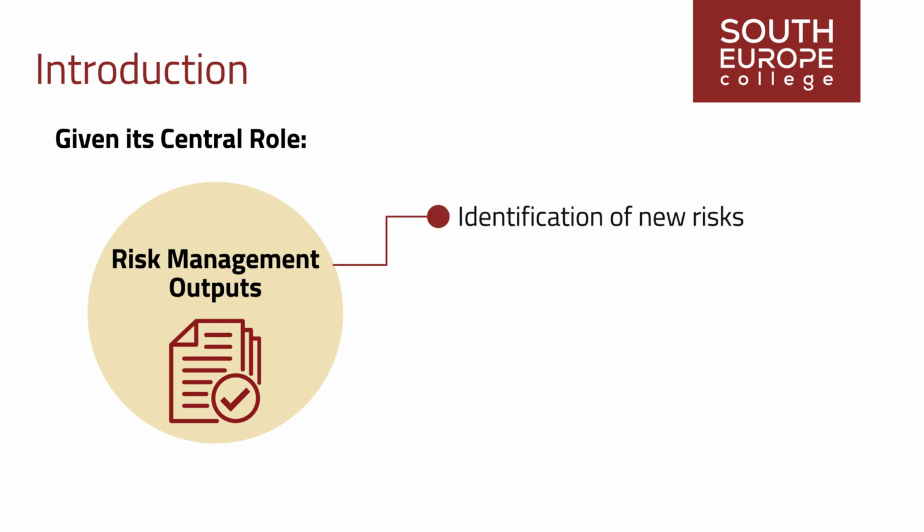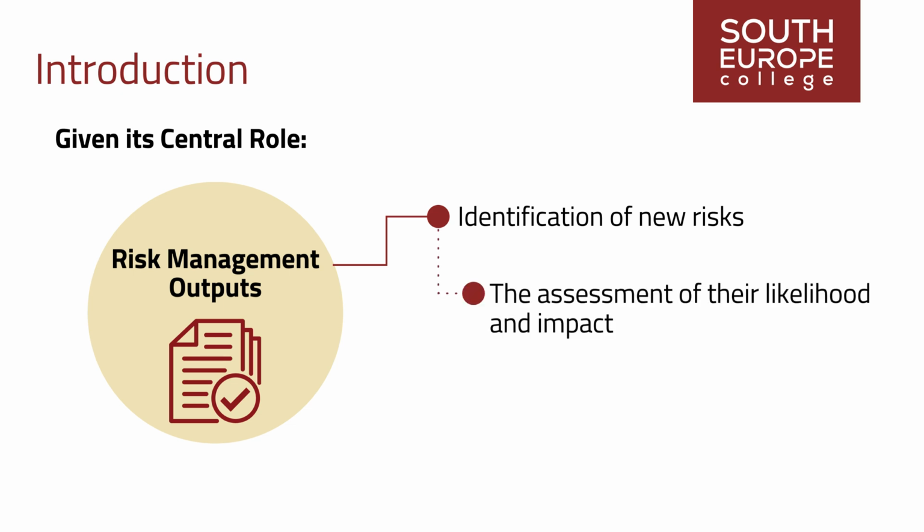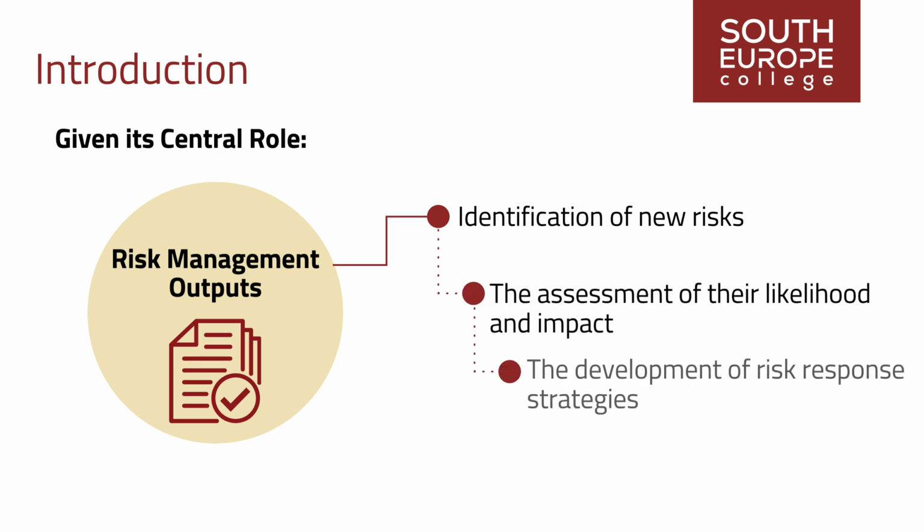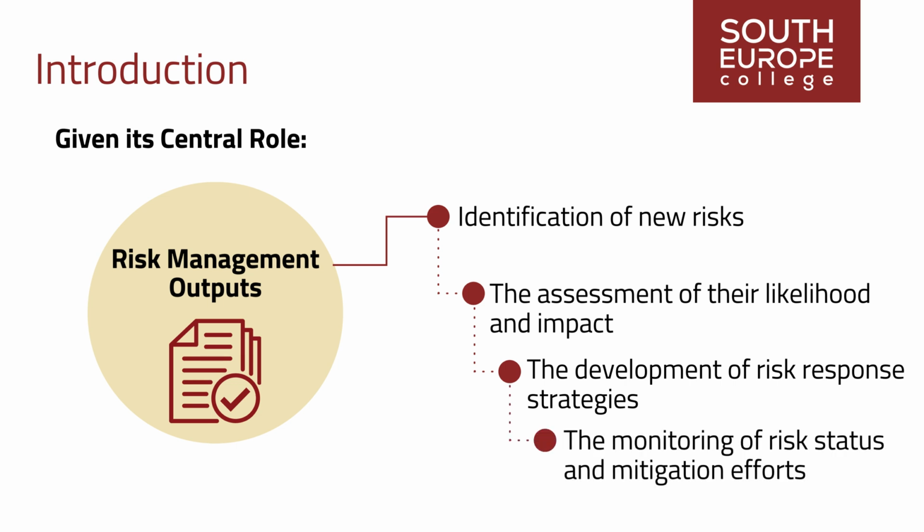Whether it's the identification of new risks, the assessment of their likelihood and impact, the development of risk response strategies, or the monitoring of risk status and mitigation efforts, every aspect of the risk management process must find its place in the register.